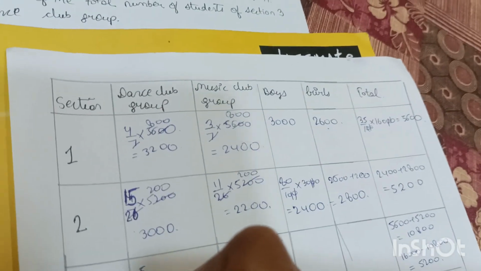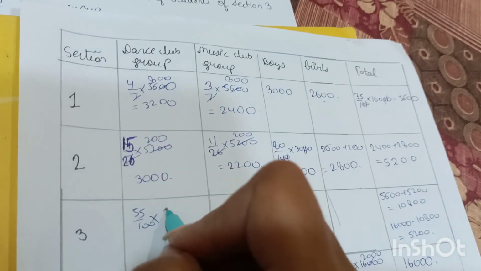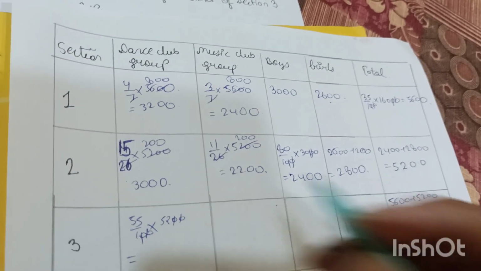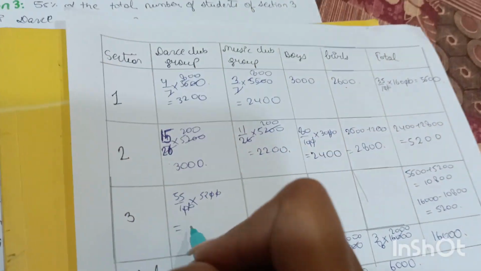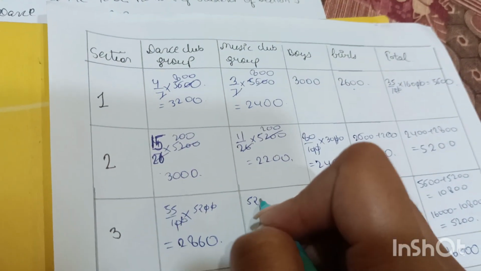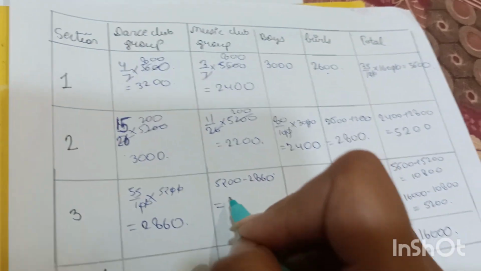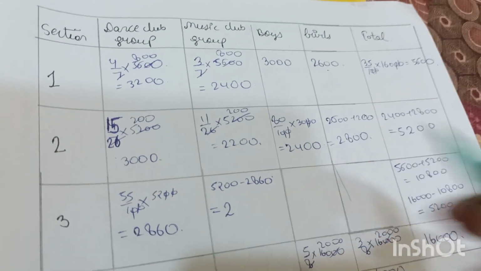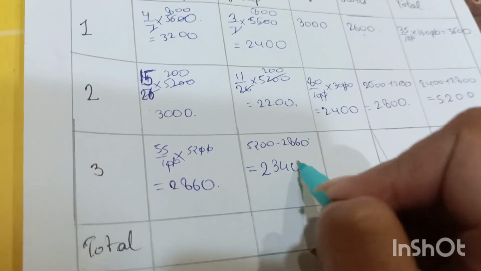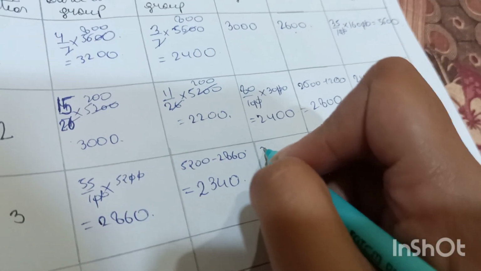Okay, so 55 upon 100 into 5200. So you'll get the value as 2860. So when you'll subtract 2860 from 5200, you'll get the value of this, 2340.